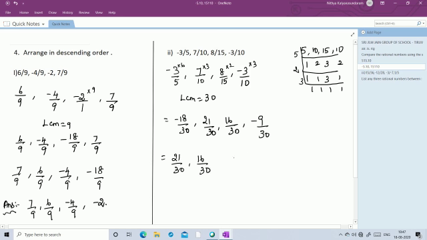Among the negatives, the smaller number is the greater: minus 9 by 30, minus 18 by 30. 21 by 30 belongs to 7 by 10, 16 by 30 belongs to 8 by 15. Minus 9 by 30 is minus 3 by 10. Minus 18 by 30 is minus 3 by 5. So the answer is 7 by 10, comma, 8 by 15, comma, minus 3 by 10, comma, minus 3 by 5.